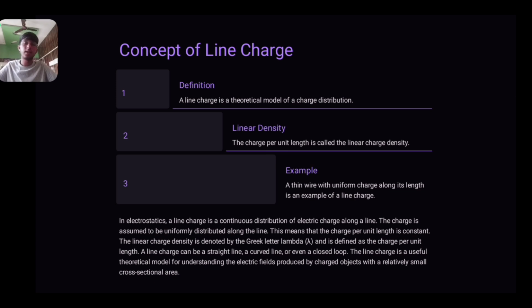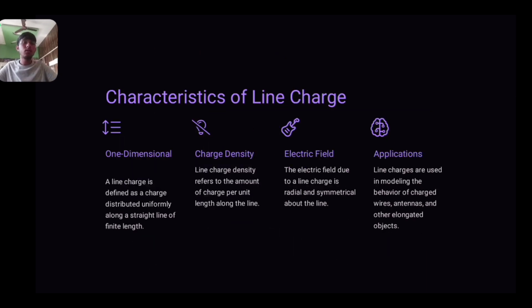Applications of line charge: line charges are used in modeling the behavior of a charged wire, antennas, and other elongated objects. These are the characteristics of line charge: the one-dimensional charge, density, electric field, and applications.